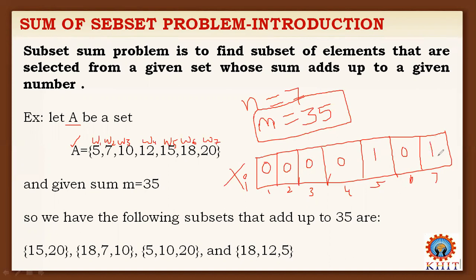If I select the elements like this, what is the weight of the fifth element? The weight of the fifth element is 15. The weight of the seventh element is 20.